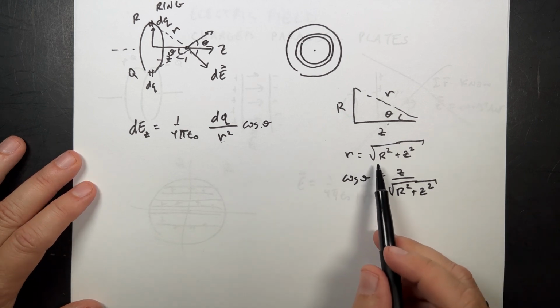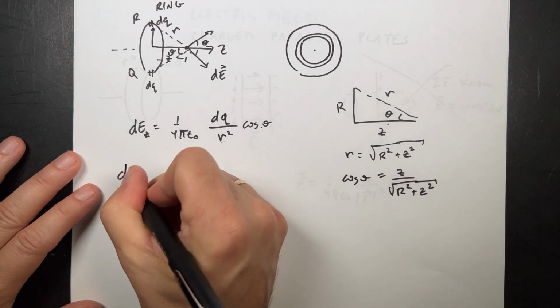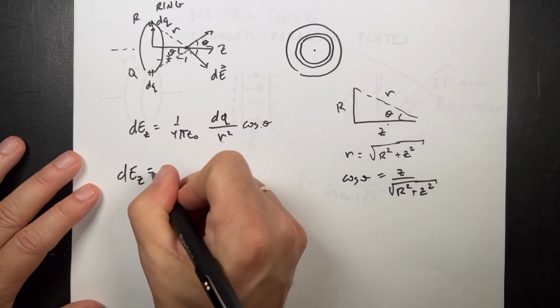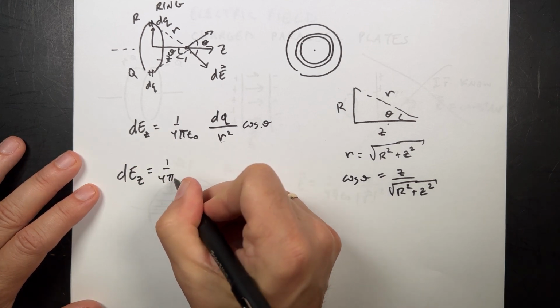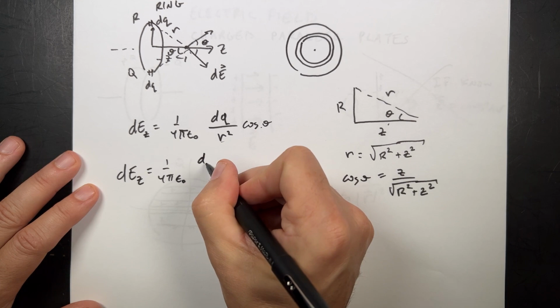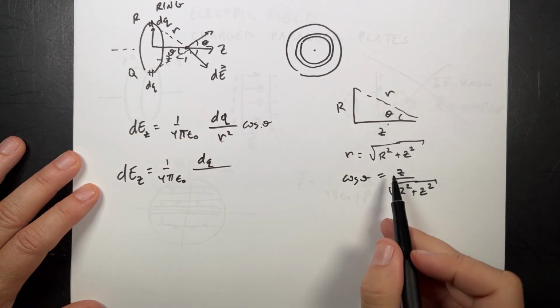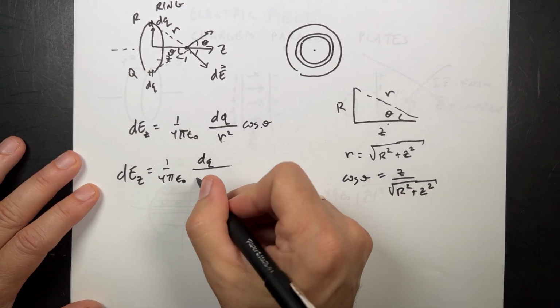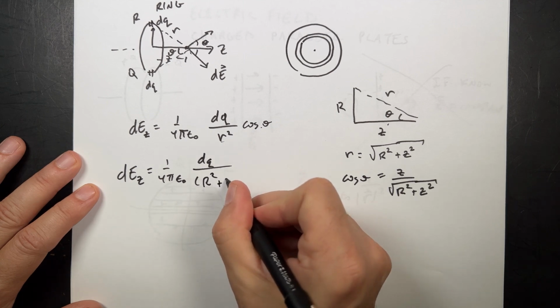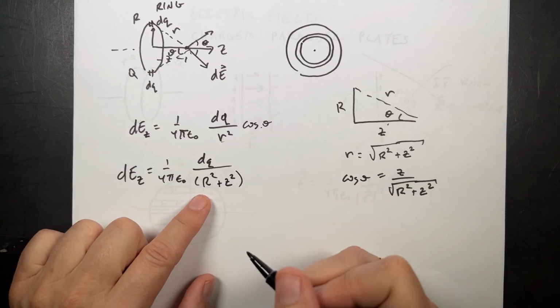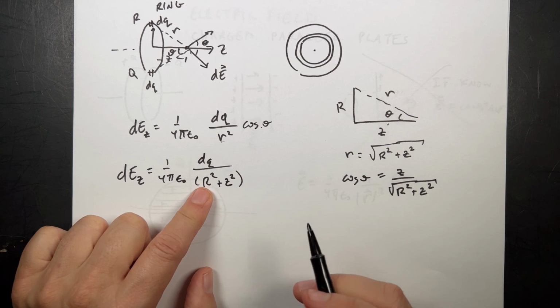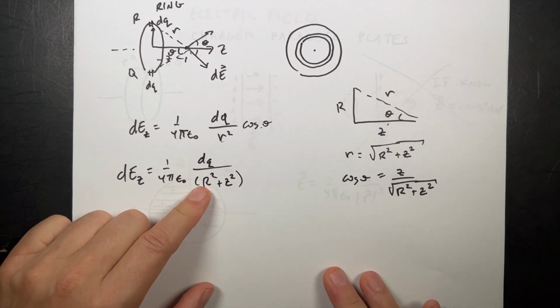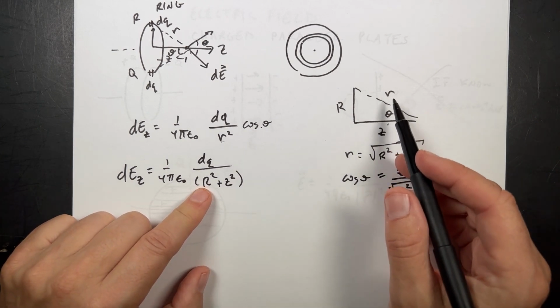So we can put both of these things in over here. So now I get dEz equals 1 over 4 pi epsilon naught dq over r squared, which is this squared, R squared plus z squared. And when I say R squared like that, can you hear what I'm saying? R squared, that's capital R. When I say r squared, that's lowercase r.